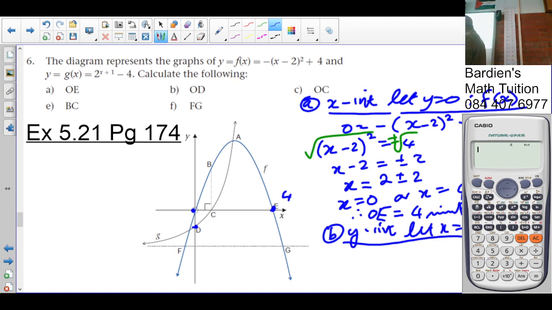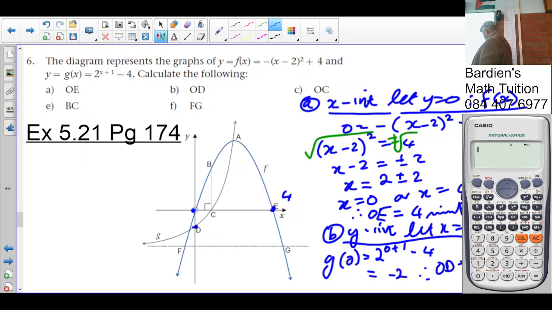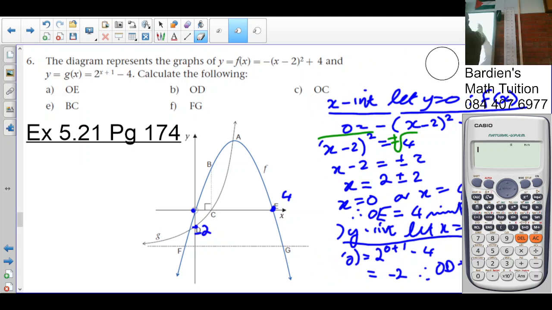So you say g of 0 is going to be 2 to the 0 plus 1 minus 4, which is 2 to the 1, which is 2 minus 4 is negative 2. So therefore, what is the length of OD? 2 units. People, length can't be negative. But the coordinates of D of course is (0; minus 2). Okay, any confusion thus far?